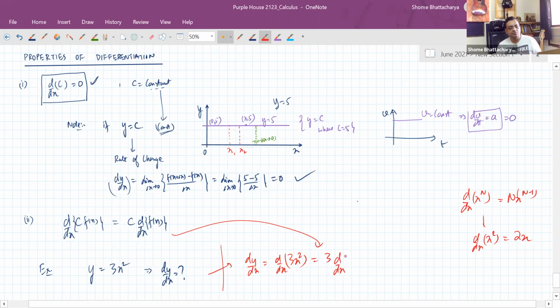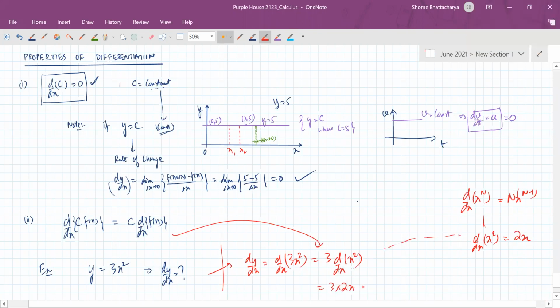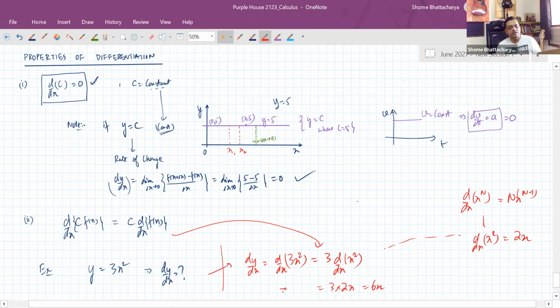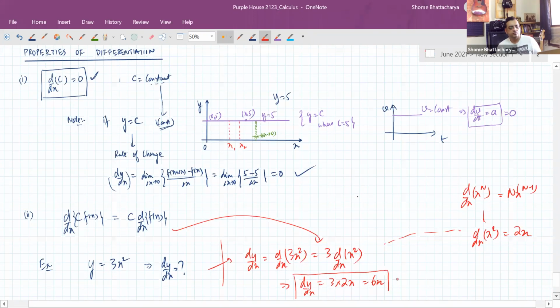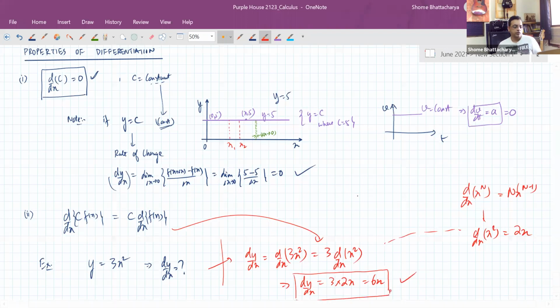So it becomes 3 multiplied with differentiation of x square. Then I use this formula and that becomes 3 into 2x. So it becomes 6x. So in this case, the differentiation of y with respect to x will become 6x because y is equal to 3x square. Like this, any constant multiplied by a function, if I'm differentiating it, the constant comes outside.